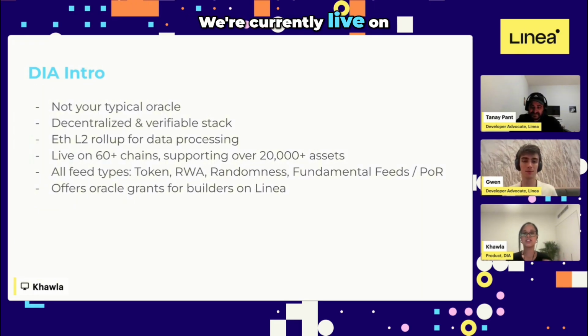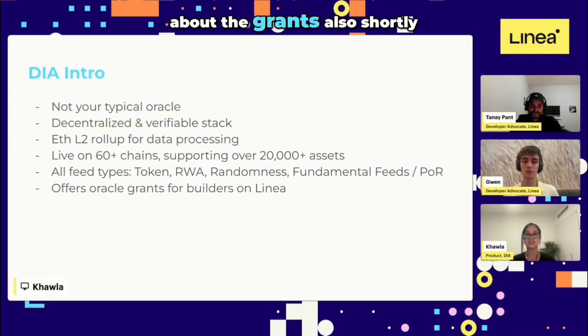We're currently live on 60 plus chains, supporting over 20,000 assets from all feed types: token feeds, real-world assets, randomness, and fundamental feeds. And for anyone building on Linea with Dia oracles, you can also get access through our grant to zero cost Dia oracles for up to a year. I'll be talking about the grants shortly, so feel free to ask us any questions here and apply for the grant.